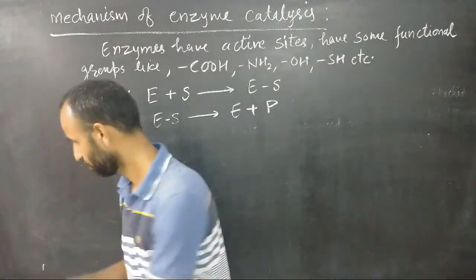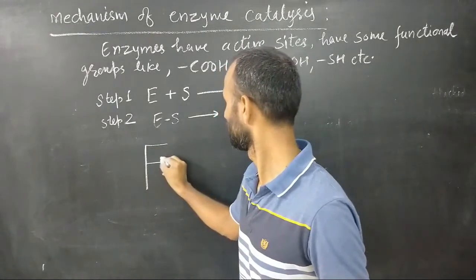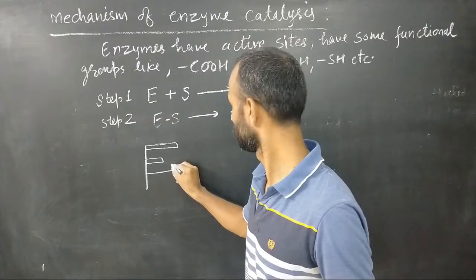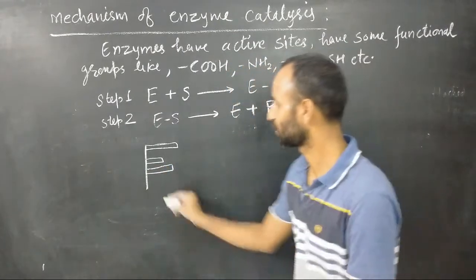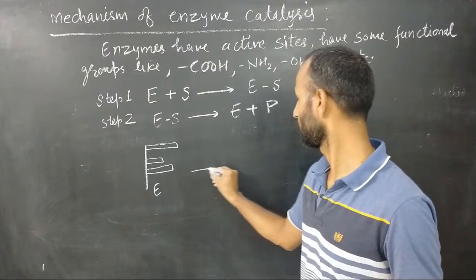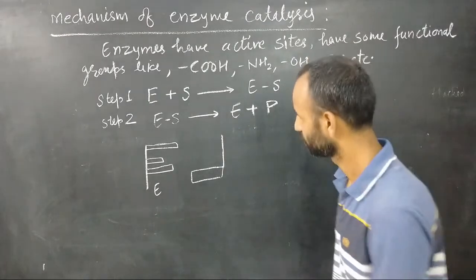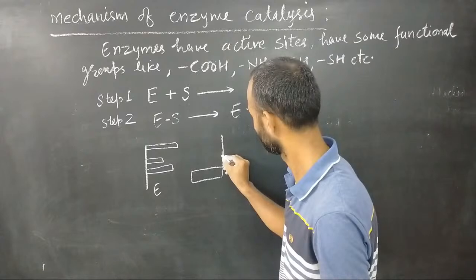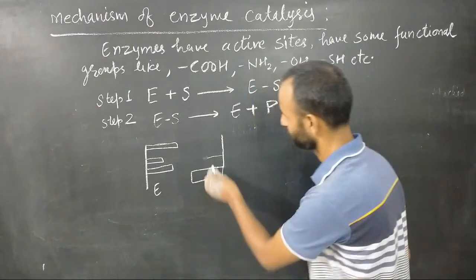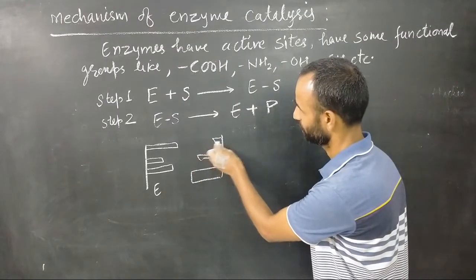So diagrammatically it can be written as, suppose we have enzyme like this. Okay, so substrate should be like this.